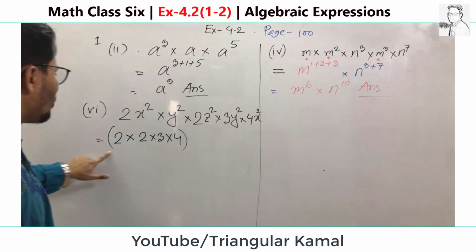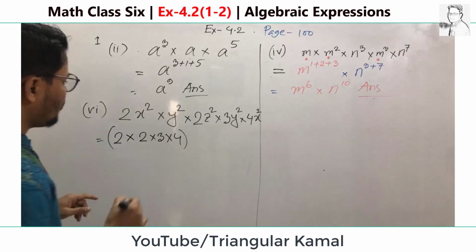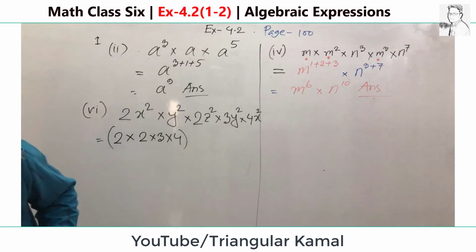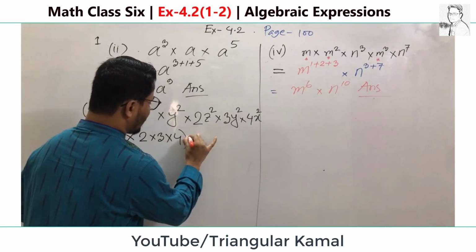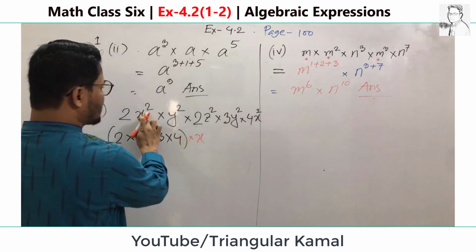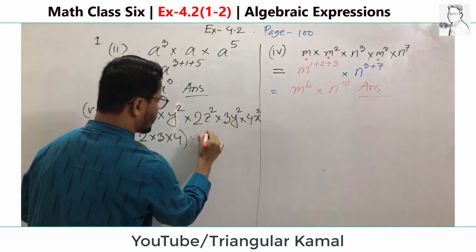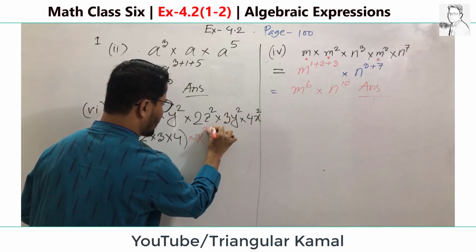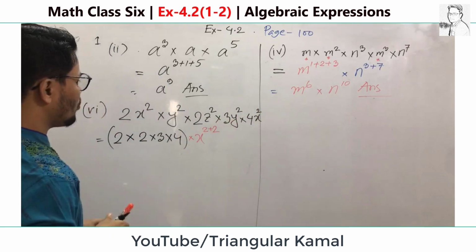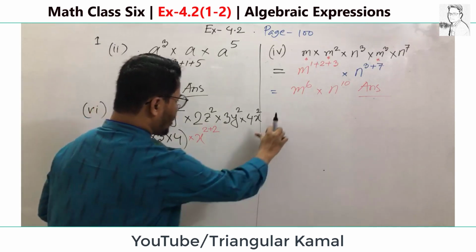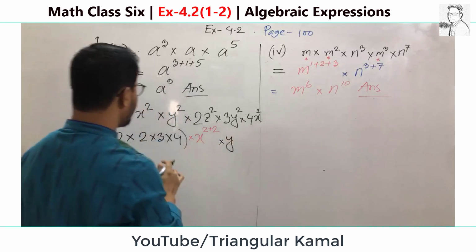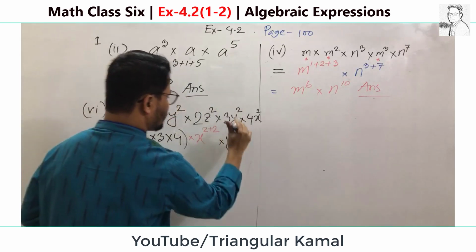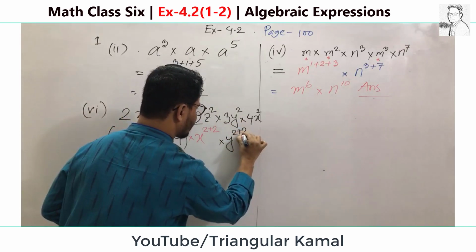Now x, multiply with x. If you multiply, the x power is 2, so we can write here 2 plus 2, and then y power will be, if we find y, the y powers are 2 and 2, so 2 plus 2.